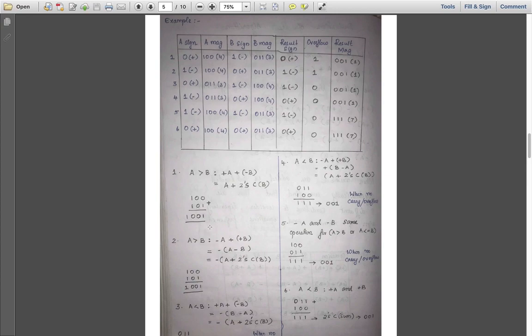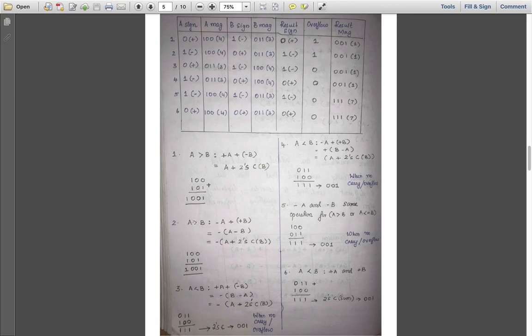Now similarly, we are going to see one more example. In that case, A is greater than B and A is given a negative value, that is minus A plus B. Definitely, by taking the minus sign outside, you can write it as A minus B, and A minus B is nothing but A plus 2's complement of B, right? So A plus 2's complement of B, just like in the previous case, you got 001 with carry 1.